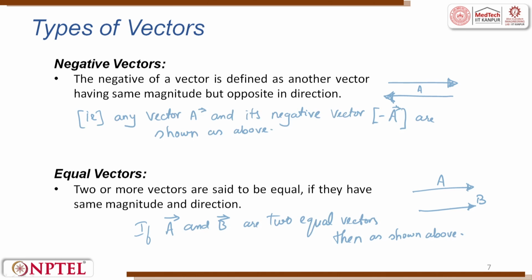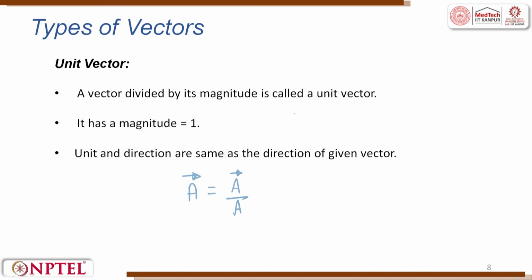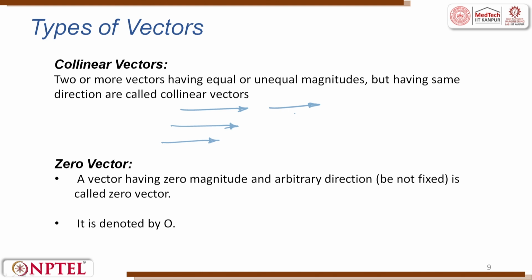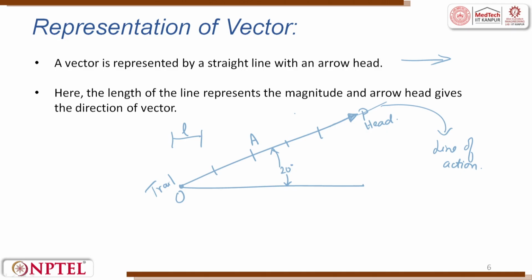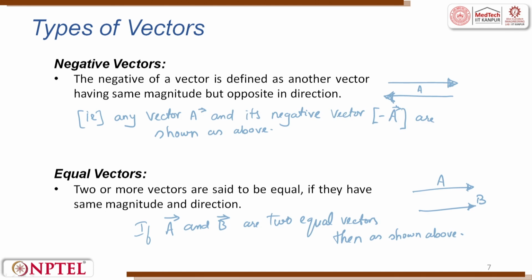So, till now we saw different types of vector: negative vector, equal vector, unit vector, collinear vector and zero vector. This is very important. You might have a question in your mind, sir, you discussed negative vector, what is the positive vector? Whatever is normally written is called the positive vector.